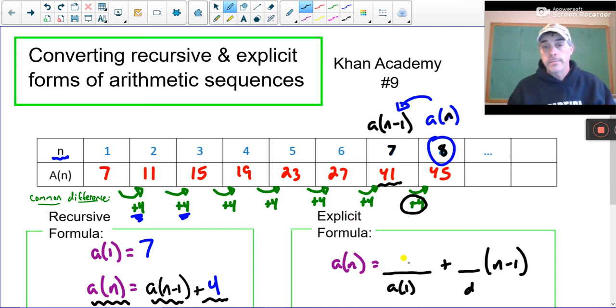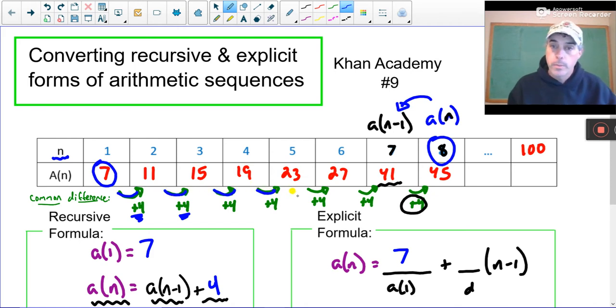The explicit formula says if you want any term at all, suppose you wanted the 100th term. If you want the 100th term, then you have to start off with our first term, like 7. And then you have to add to 7 a bunch of these common differences. And what you might remember from a previous Khan Academy is suppose that we wanted like the 6th term, right?